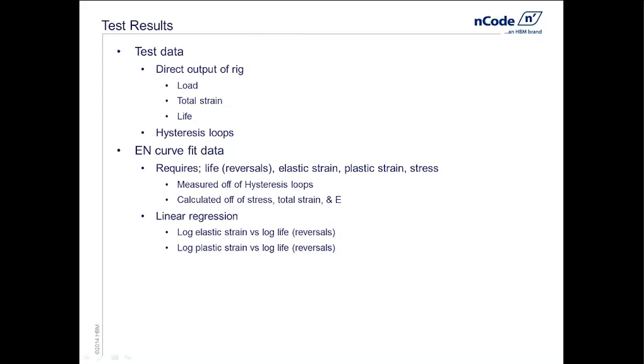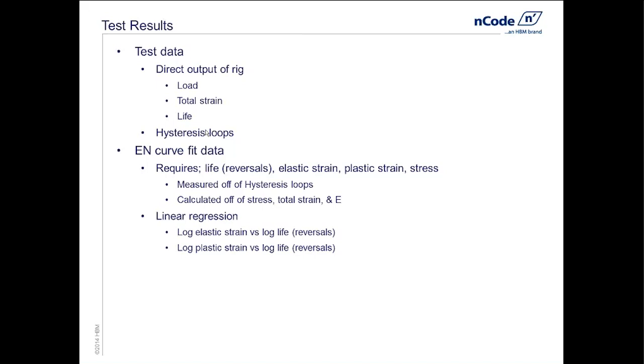So with that data, we then can go in and start to generate our strain life curve. And in order to generate the strain life curve, I need to have life. I also need to have elastic and plastic strain. Those are the elements I need to do the regression for my strain life curve. And I'm going to get that in one of a couple ways.